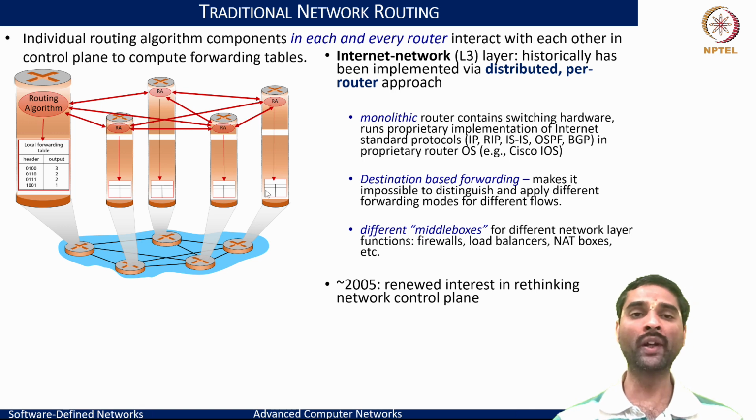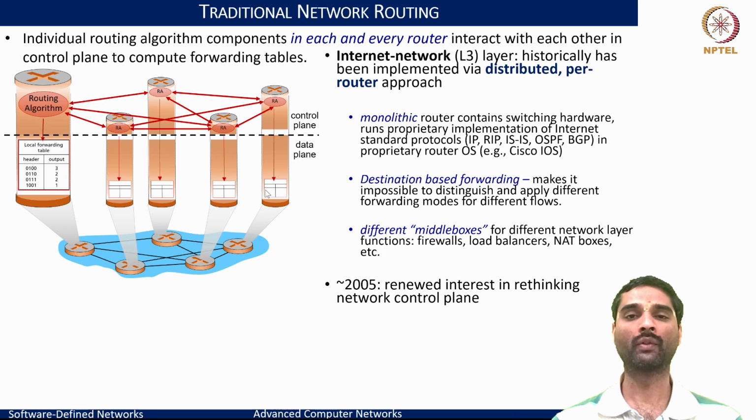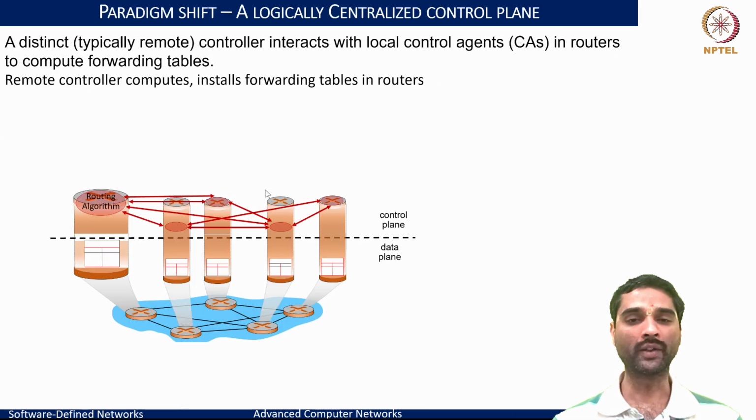Now, let us try to fit the two abstractions that we just discussed into this model and how we would have that paradigm shift. Here, if we take the same base model, what we observed is that the control plane is all embedded within each of these devices, and hence the routing algorithms are all run locally on each of the devices.